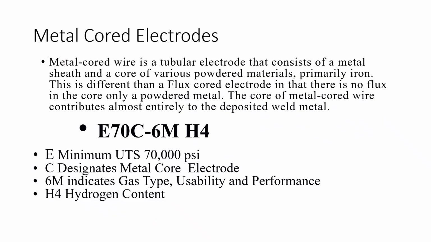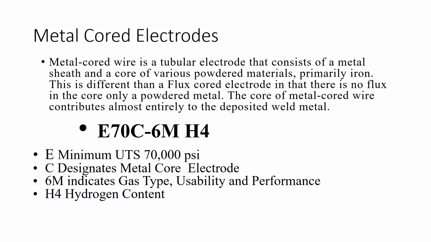So with metal core electrodes, one of the things we have is E70C. That fourth letter in this designation is going to tell us what kind of filler material. It's going to designate the product form. So in this instance, it is a metal core.